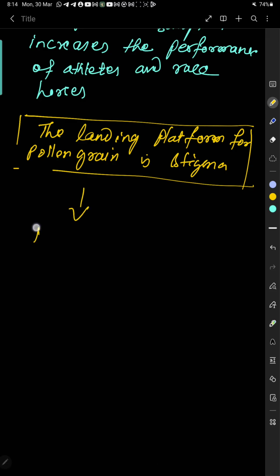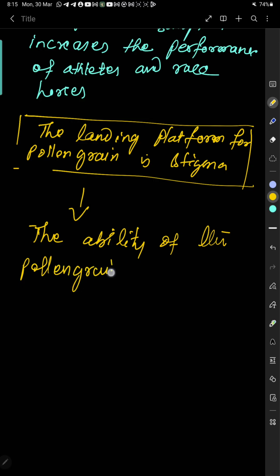The duration the ability of the pollen grain to fertilize is called viability.